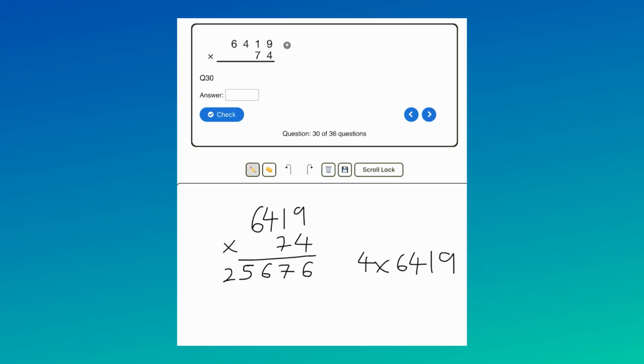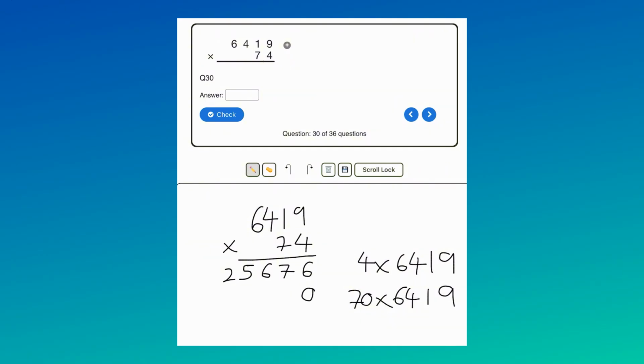Now the next line I need to do 70 times 6,419. Now I don't want to multiply every digit by 70, I want to multiply every digit by 7. So to allow for the fact it is actually effectively 70, I need to put a 0 on the next line down.